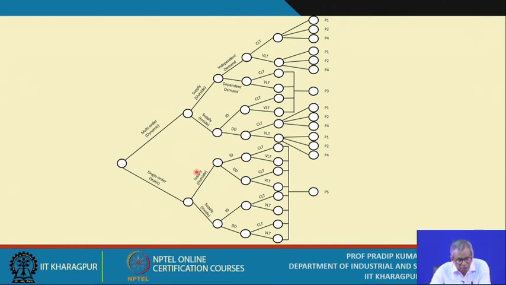So there could be outside supply or self supply. There could be independent demand, there could be dependent demand. Here this is a constant demand, and this is a variable demand. This is the constant demand, variable demand, and this is the constant lead time, variable lead time.